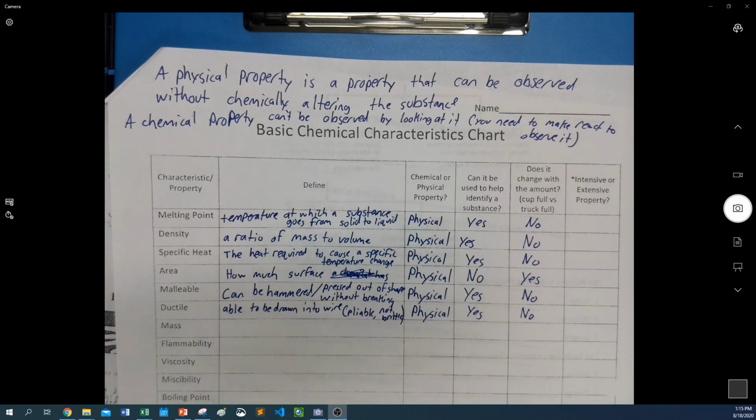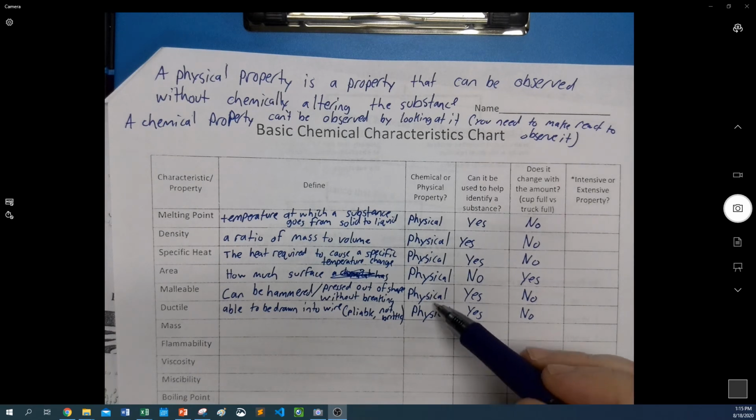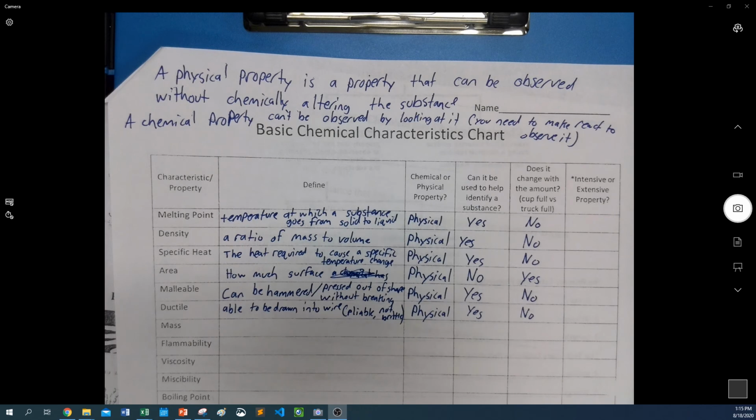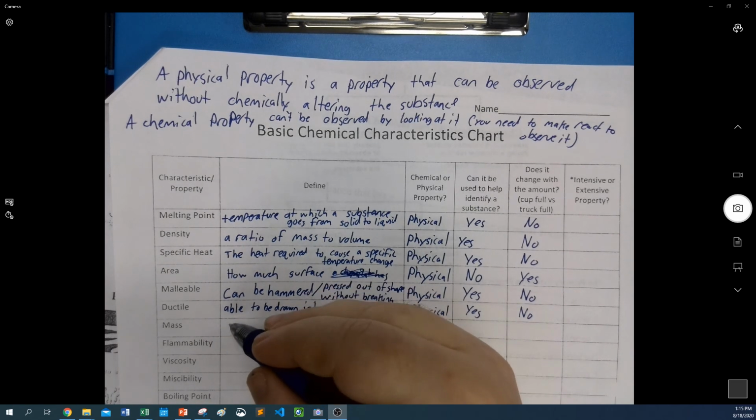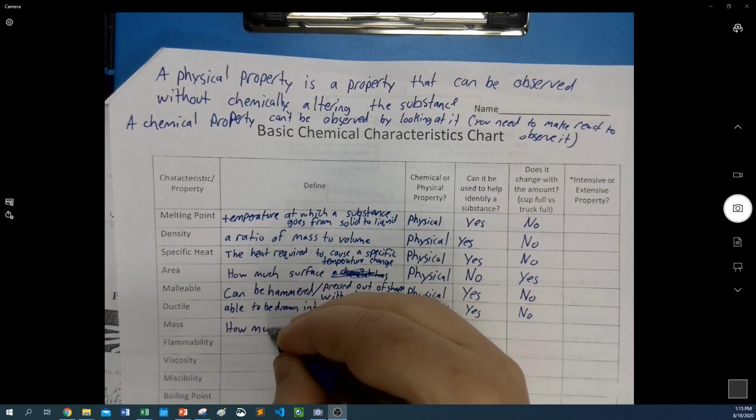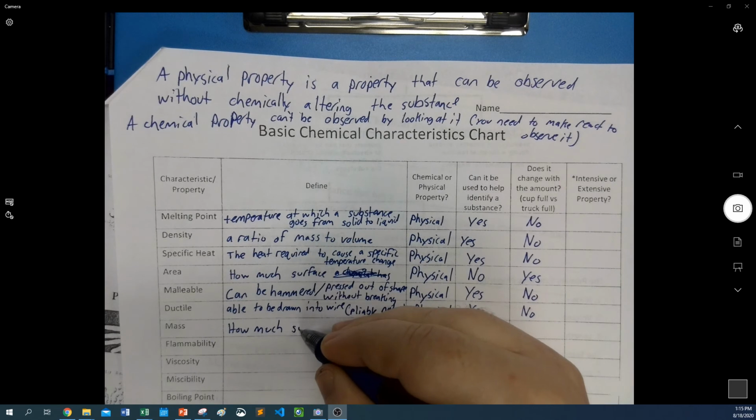Have y'all noticed a trend in one particular column? Most things are physical characteristics. So mass is how much of a substance there is.